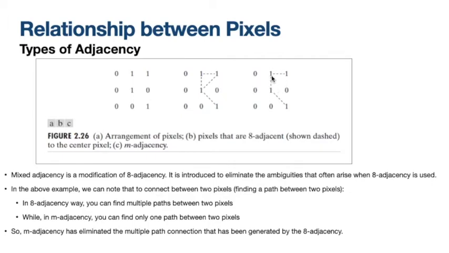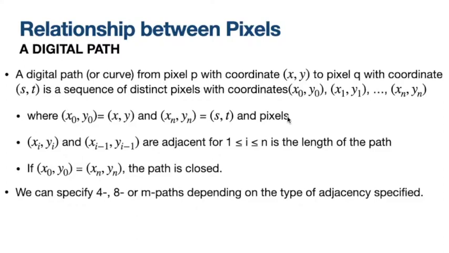Then there will be only a single path between all of these pixels. So in M adjacency, it has eliminated the multiple path connection that has been generated by the 8 adjacency.